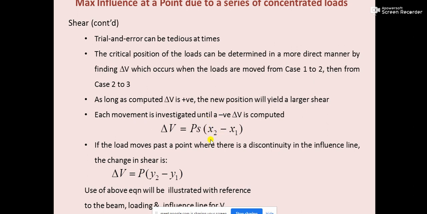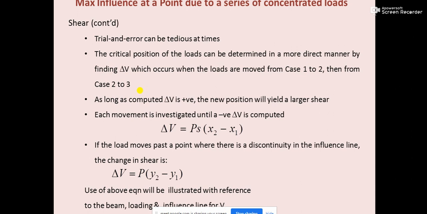So if you take the difference between those two, multiply it with the load and multiply it with the slope, you are going to get the change in shear because of the load moving from point number 1 to point number 2. Exactly the same way you should be able to calculate when the load will be moving from point number 2 to point number 3. So you must understand here that the influence line slope is very important.